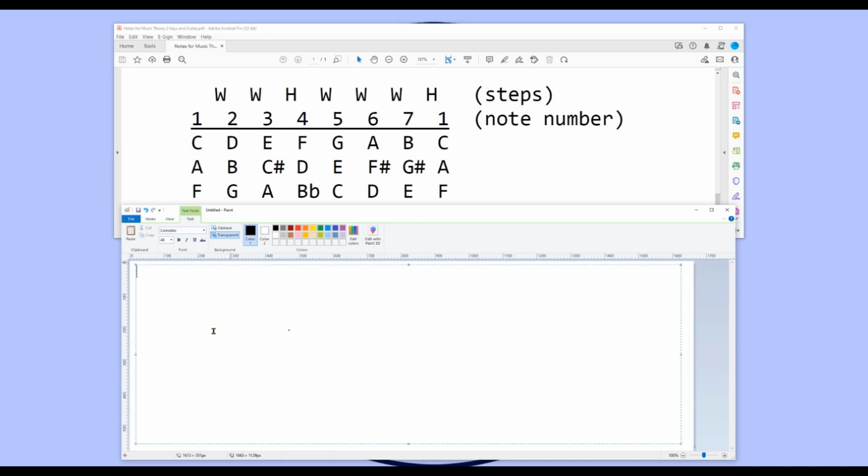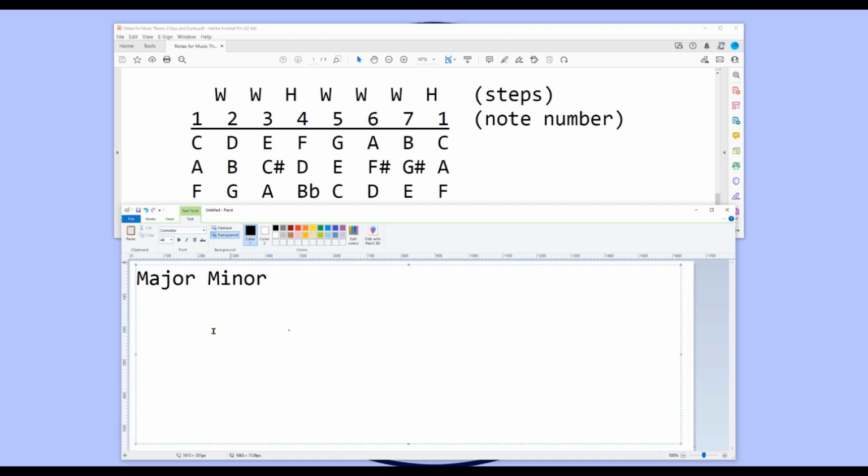first off, I'm going to tell you that the first chord in the key of C is a C major. So I'm going to write major first. The second chord will be a D minor. So I'm going to write minor.